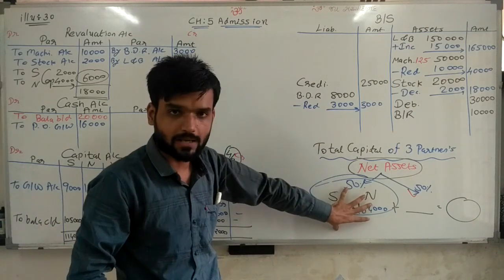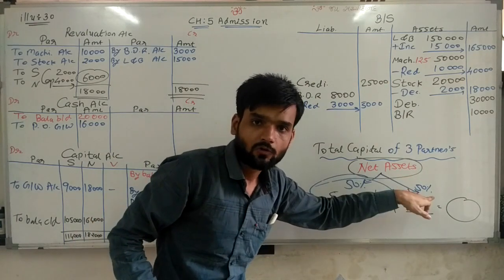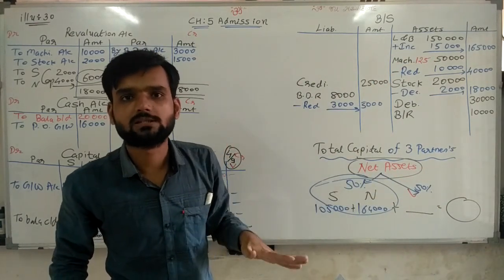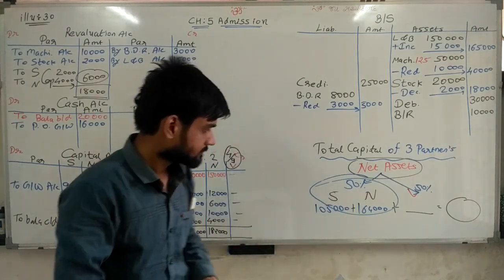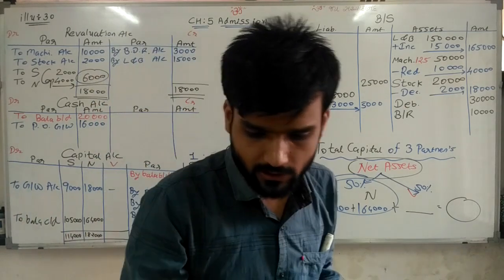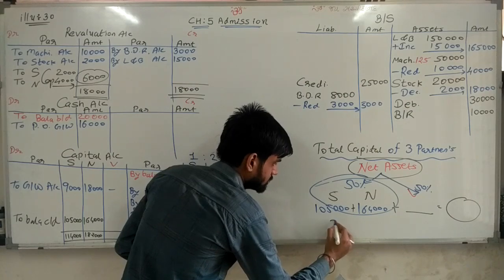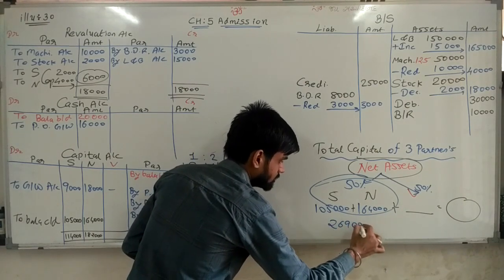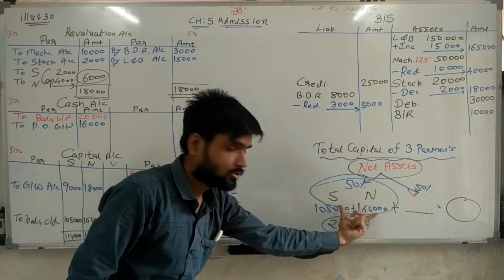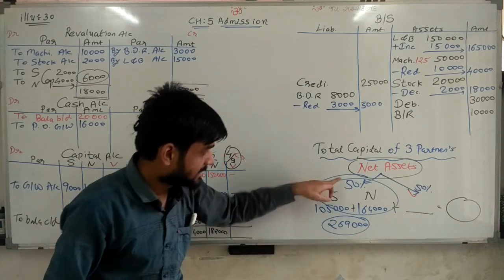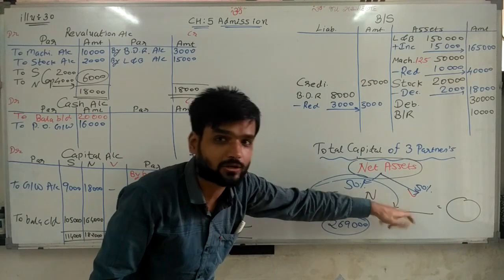So 50% is the capital of both partners, and the remaining 50% is brought into the business. So the total of S and N, both partners, is 269,000. That is 50%.